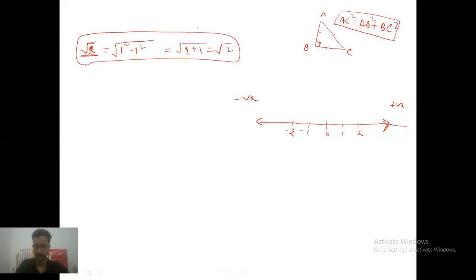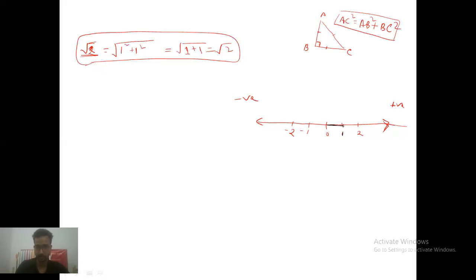Suppose first you have to take 1 unit on the positive side, that means from 0. First you have to take 1 unit. Then again on this point, this is 1, you have to draw a perpendicular of 1 unit.